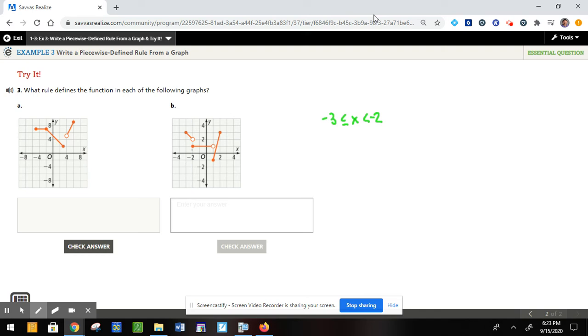Second segment goes from -2 to 1. So closed circle first, open circle second. And then the last segment here goes from 1 to 2. And they are both closed circles. All right, so those are the domains.